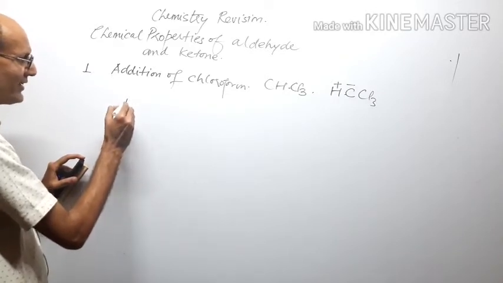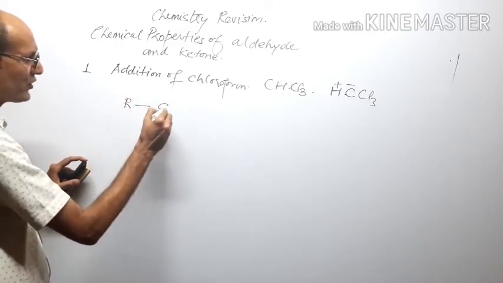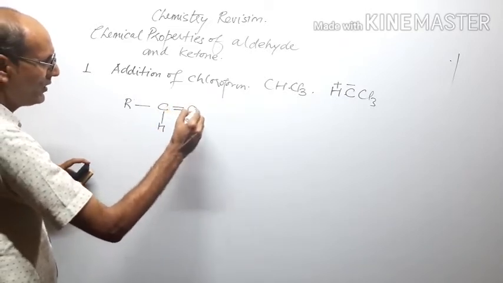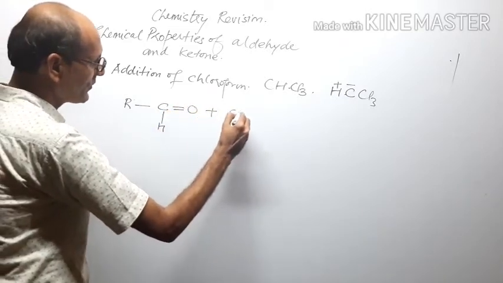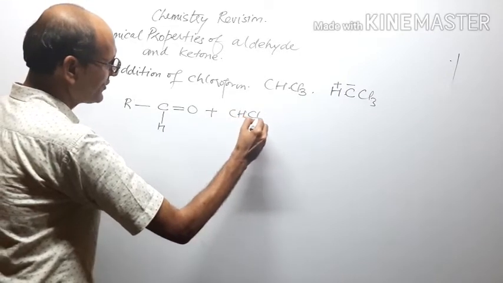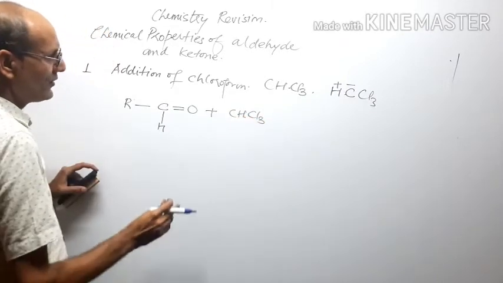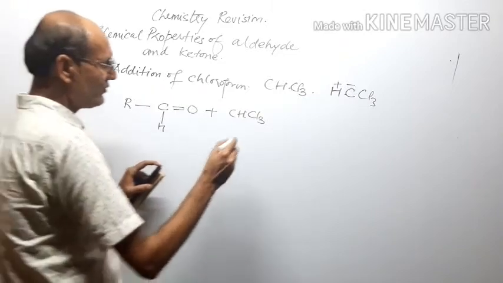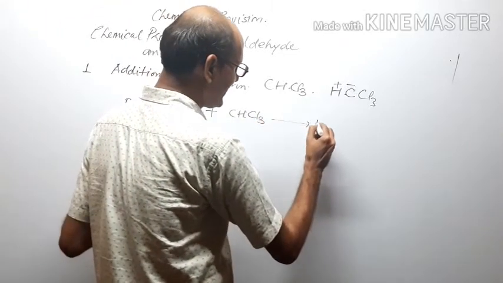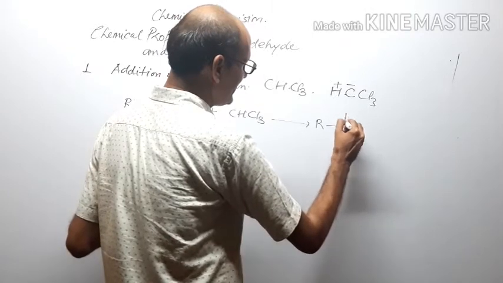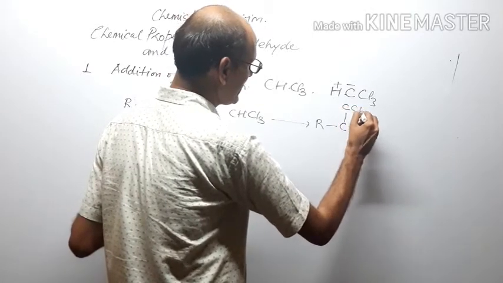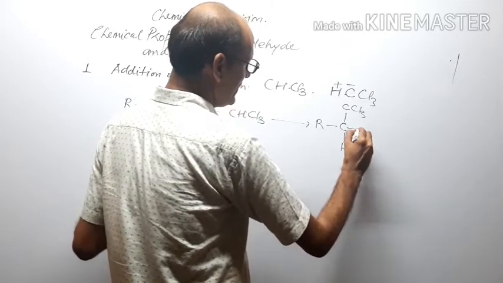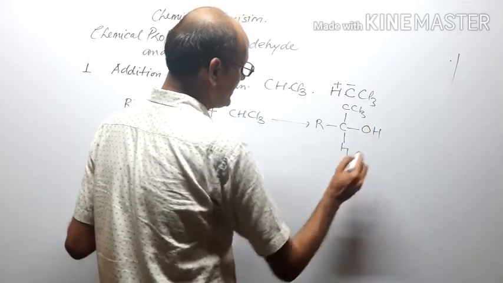So we have to write the reaction: R-C-H double bond O plus CHCl3. So CCl3 will attack here and you will get R-C(CCl3)(H)-OH.